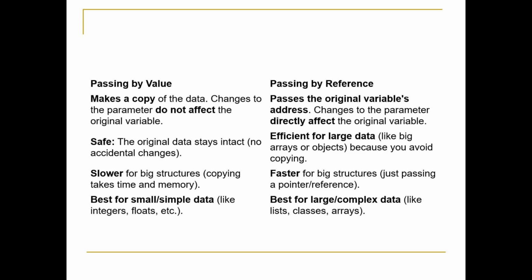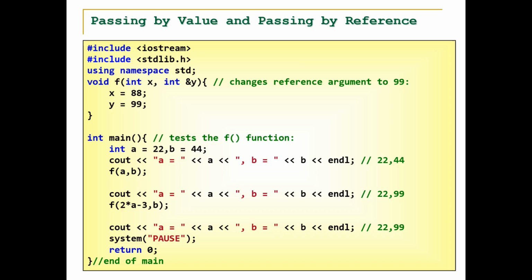So here x is a copy and changes inside the function do not affect the original. But y is passed by reference, so when it's changed inside the function, the change sticks. It's like getting a tattoo. You can't undo it easily.